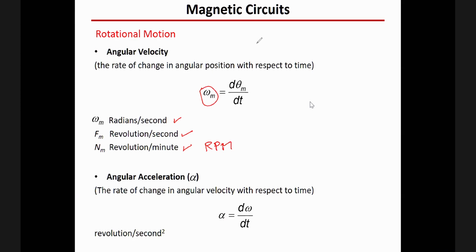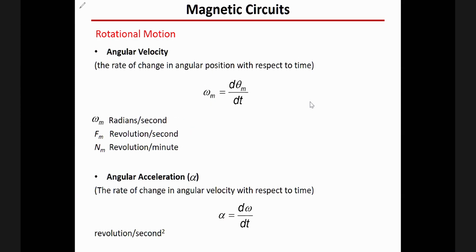If we take another derivative of this velocity, it will be acceleration. So acceleration is the rate of change in velocity over time, the derivative of the angular speed or velocity over time. The unit is revolution per second squared.